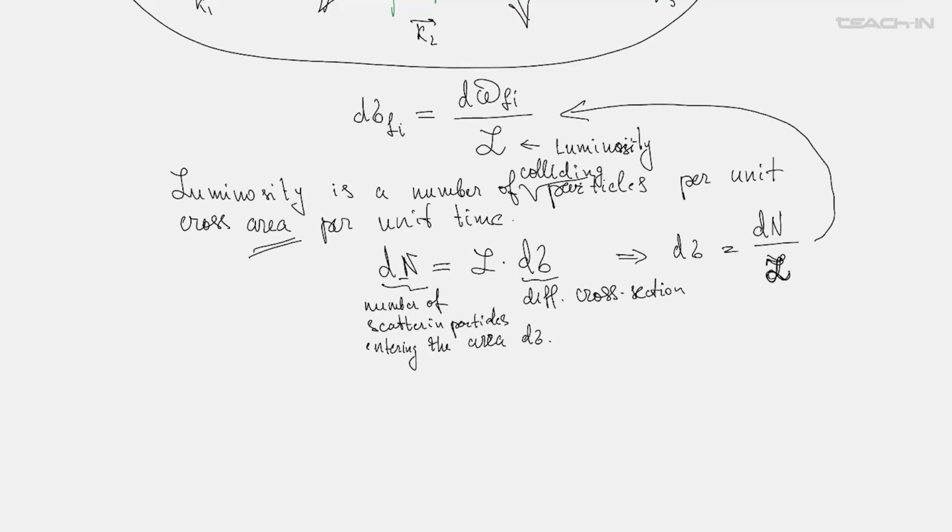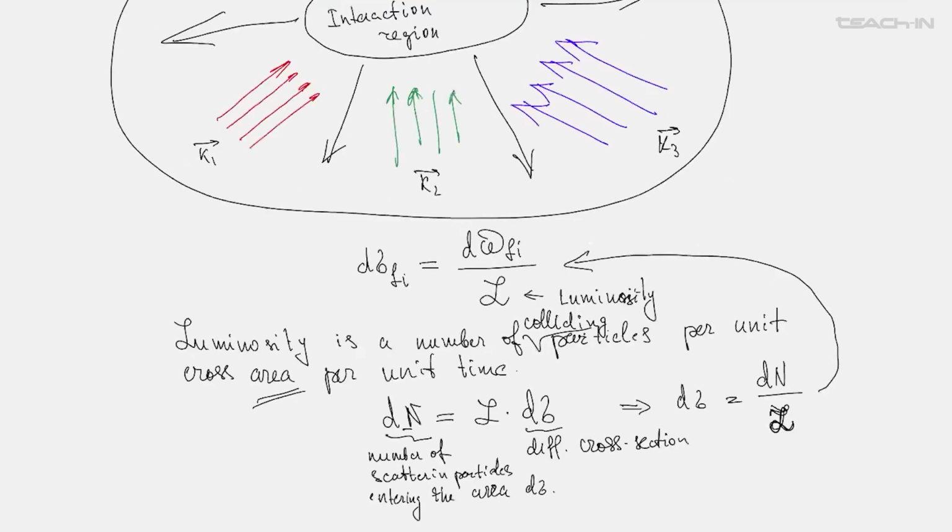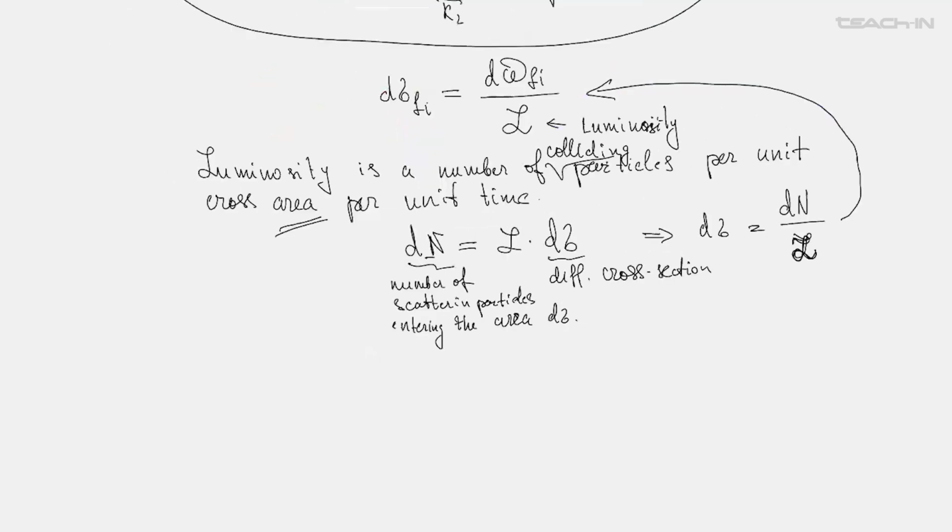The other thing which I want to mention is that the definition of luminosity does depend on the number of incoming beams. Of course, for the simplest but most relevant case of two-body collision, the luminosity gives rise to the Lorentz invariant cross-section, which can be defined in the following way.